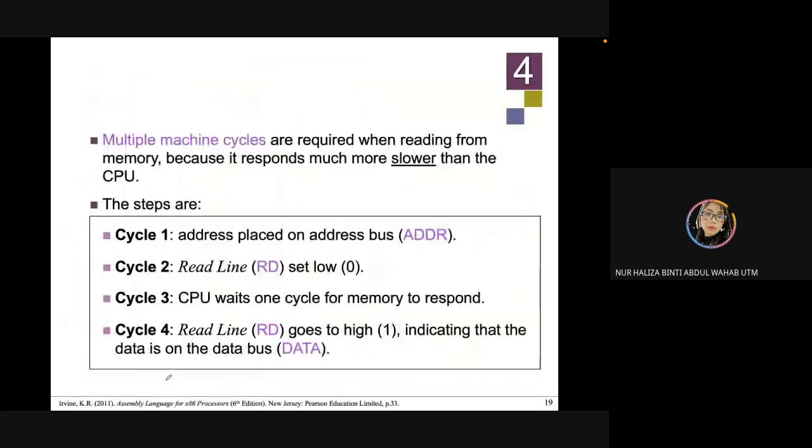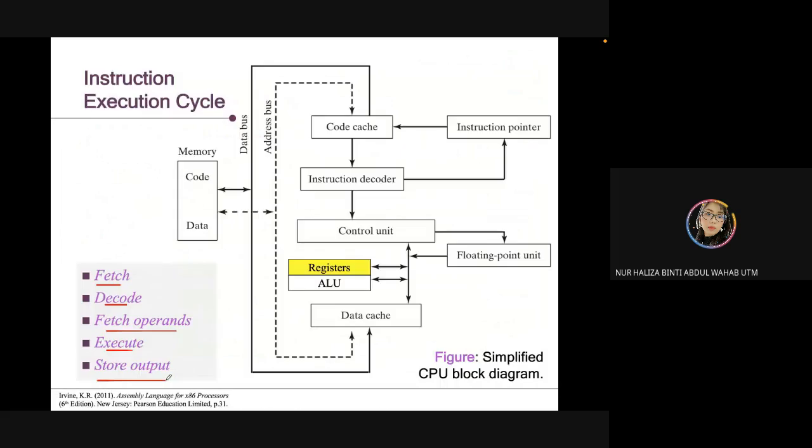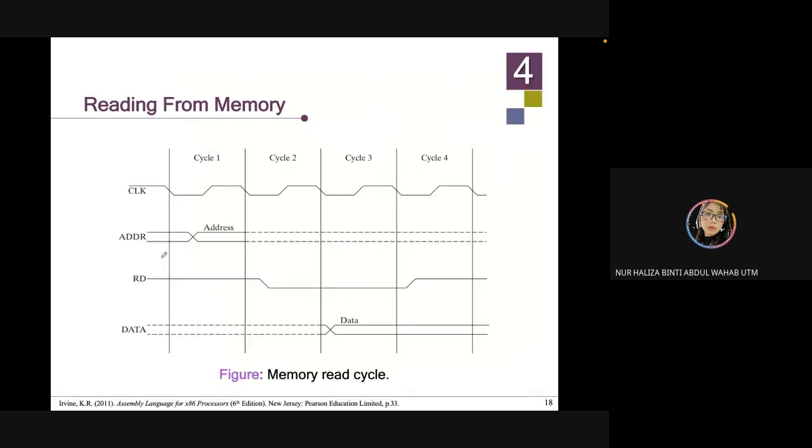Okay, it's after this. So here, as I already mentioned, no need for you to remember everything like this simple CPU block diagram, but you need to understand the activities for fetch, decode, what the activities are.